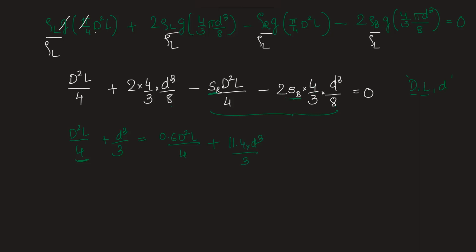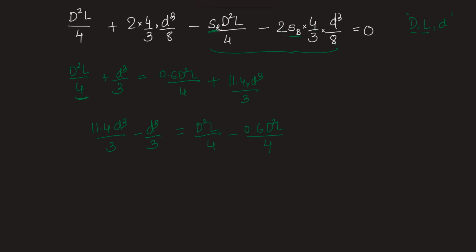Now taking all the terms containing small d cube on one side, we will have 11.4 times d cube by 3 minus d cube by 3 will be equal to D square L by 4 minus 0.6 times D square L by 4. Taking the subtraction, we have 11.4 minus 1, which is 10.4 d cube by 3, will be equal to 1 minus 0.6, which is 0.4 D square L by 4.